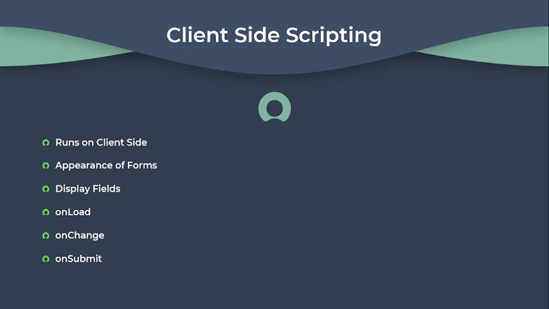Users can implement client-side validation logic to ensure that data entered by users meets specific criteria before submission. This helps prevent errors and ensures data integrity within the system. Client-side scripts enable dynamic interaction between fields on the form.